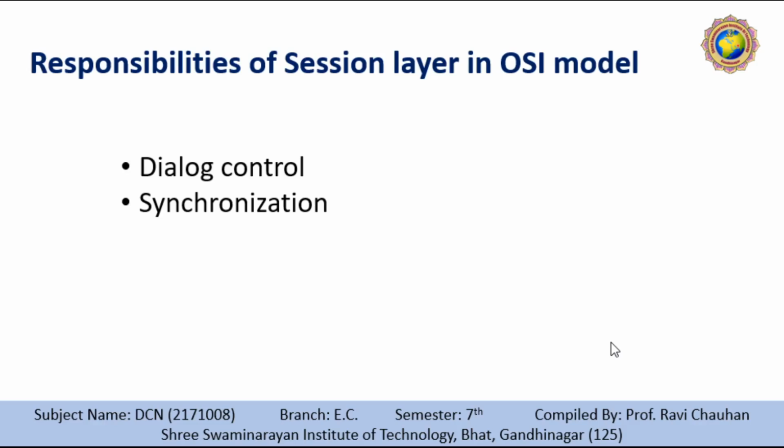In this case, if a crash happens during the transmission of page number 523, the only pages that need to be resent after the recovery are pages 501 to 523. The pages previous to 501 need not be resent.